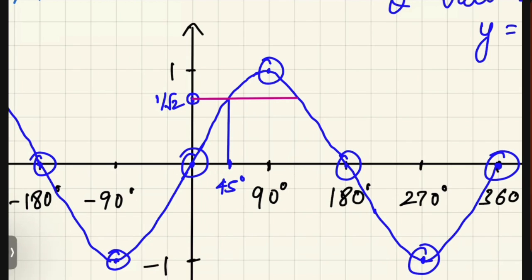We know after 45, the value will be this. It will actually not be this only. It has to be 135, not this. But we will still draw here, so our perpendicular will come down here.